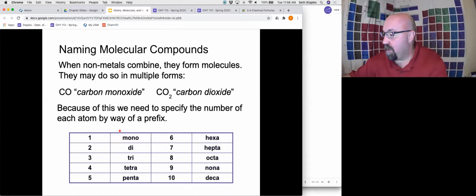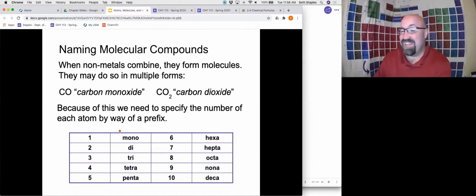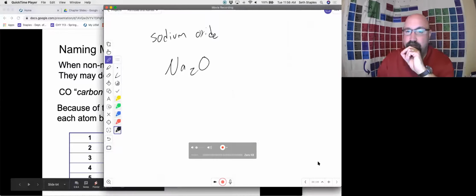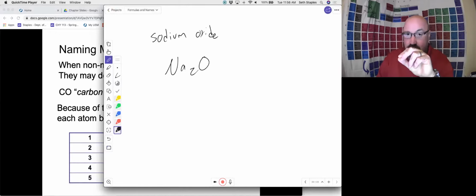In our case that we were looking at earlier, we've got sodium oxide, Na2O. This is an ionic compound, not molecular, so we do not use the prefixes here.